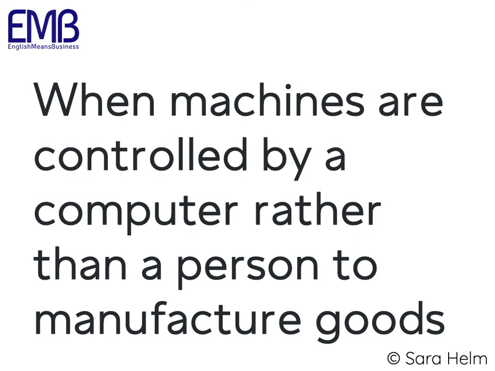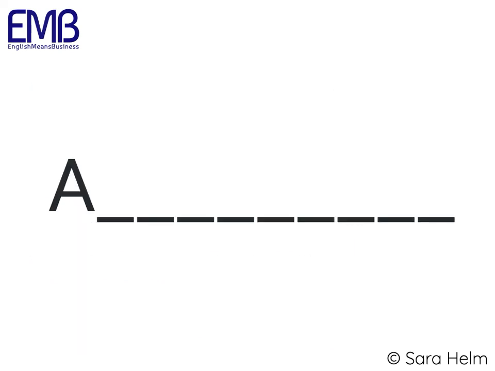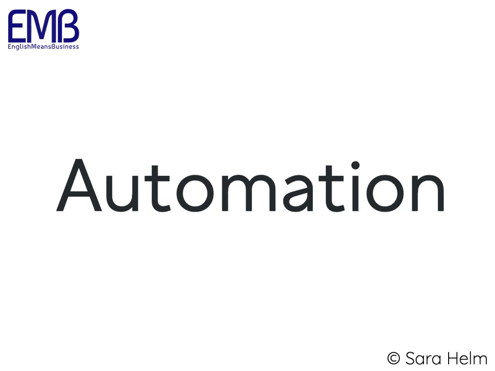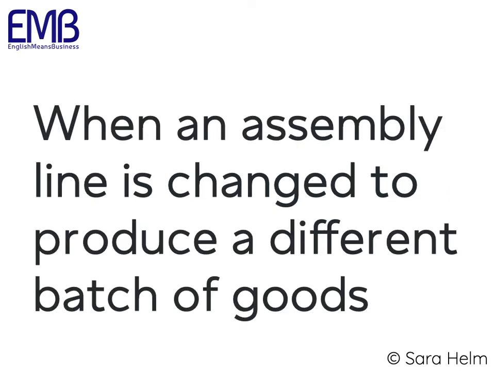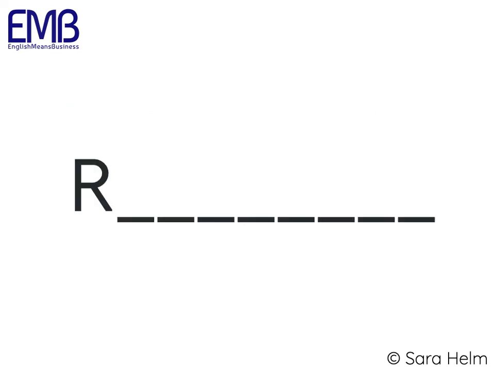This is when machines are controlled by a computer rather than a person to manufacture goods. Automation. This is when an assembly line is changed to produce a different batch of goods.